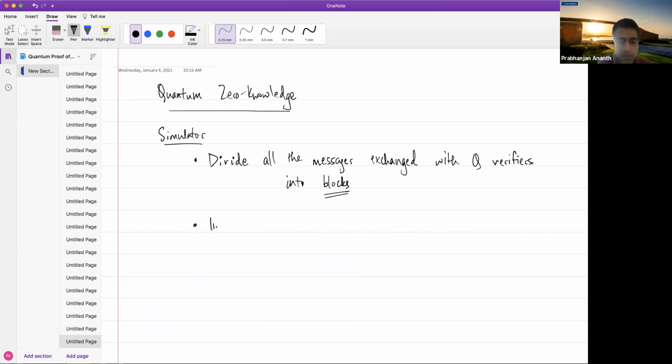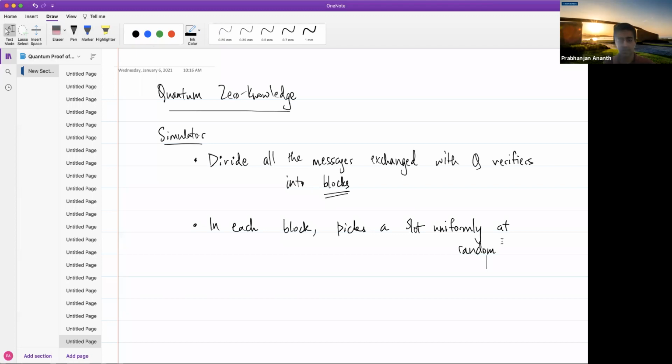And in each block, it picks a slot uniformly at random. Each block has many messages.